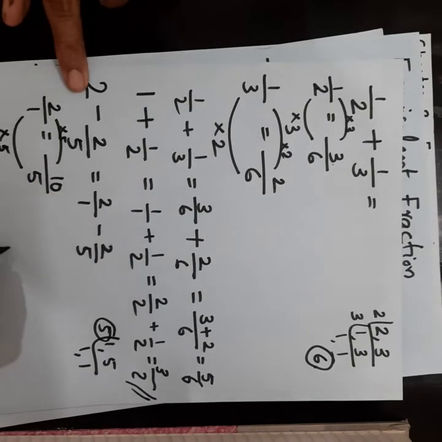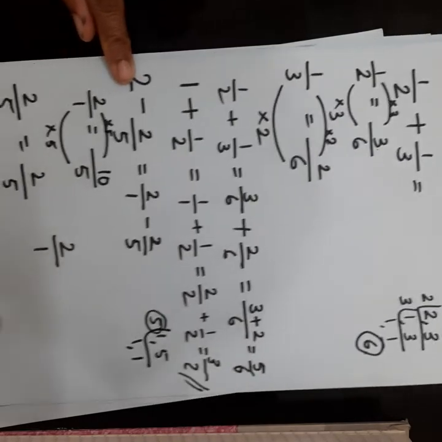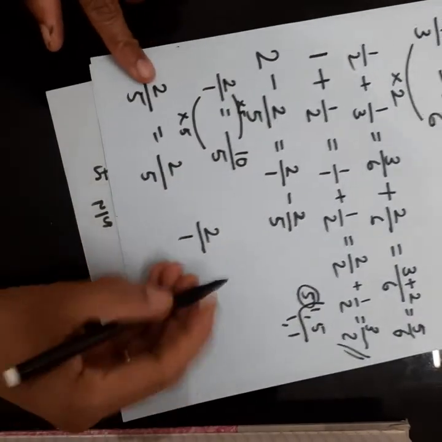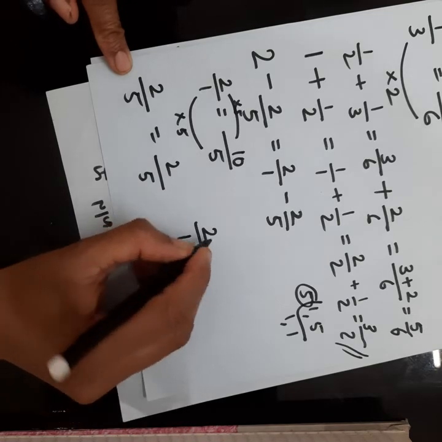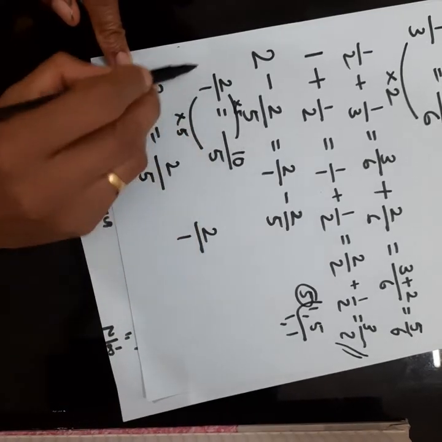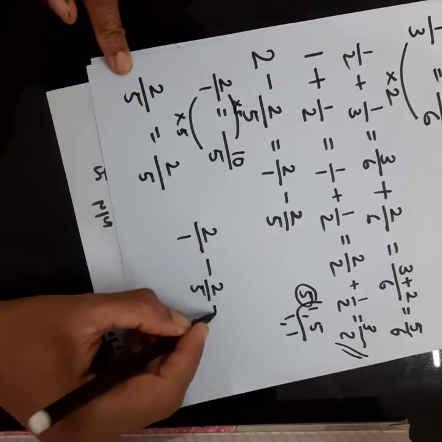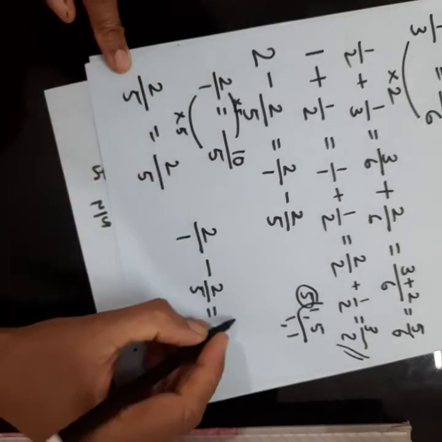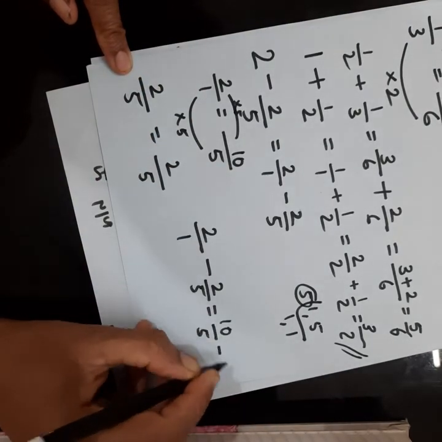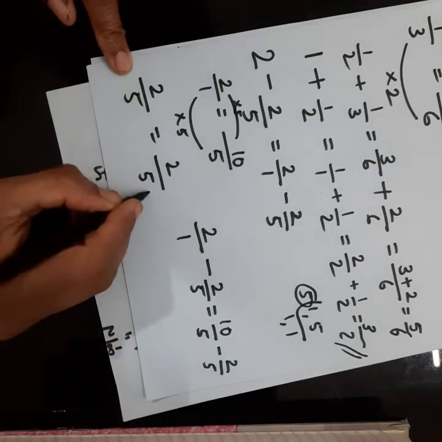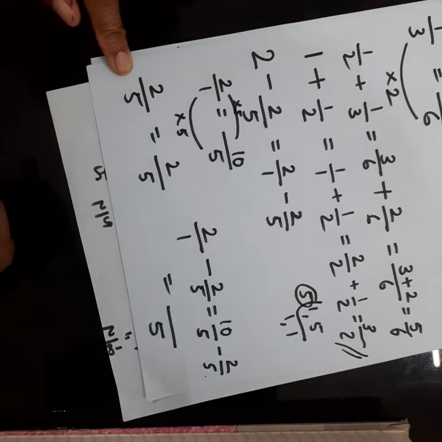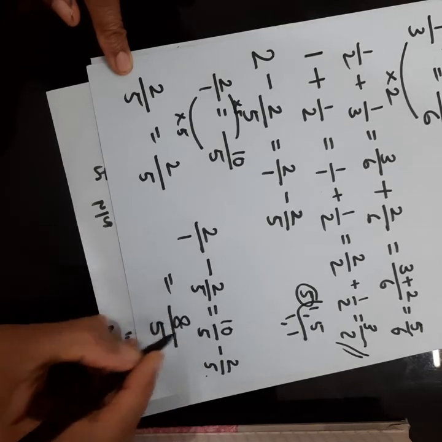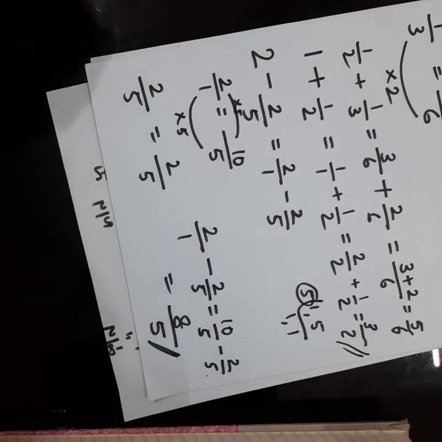So 2 by 1 minus 2 by 5 is equal to, 2 by 1 we got as 10 by 5. 10 by 5 minus 2 by 5, 2 by 5 no change. So the denominator is same. 10 minus 2, 8. 8 by 5 is the answer.